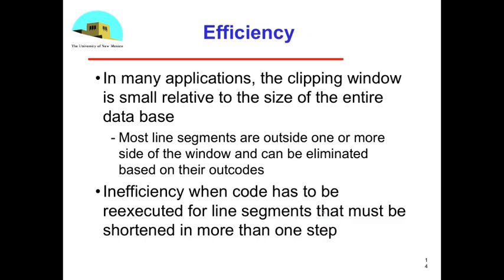Now, the negative side turns out to be this: because you have to re-execute the algorithm when you do the intersections, as we saw for some of the cases where, for example, you have a point inside and the other point is both to the right and above, re-executing the algorithm in terms of the execution of the code can be somewhat inefficient.